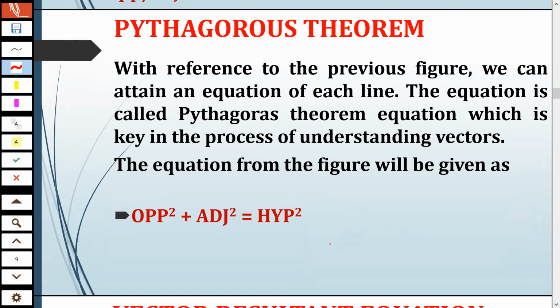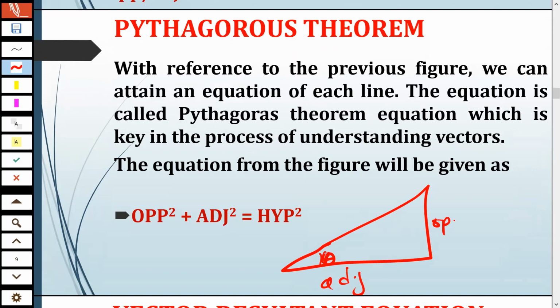You have a triangle. Let me draw a triangle there. This triangle has theta, and it also has the adjacent and the opposite. It also has the hypotenuse.